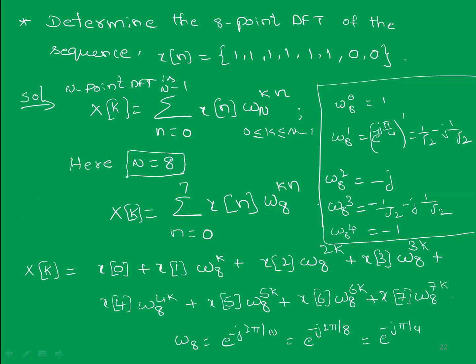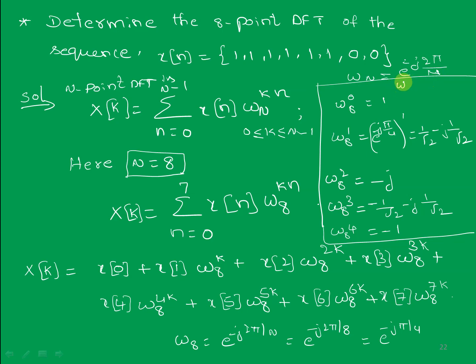What is W_N? W_N is the twiddle factor. The twiddle factor is equal to e power minus j 2 pi by N. Here W_8 is equal to e power minus j 2 pi by 8, that means e power minus j pi by 4.